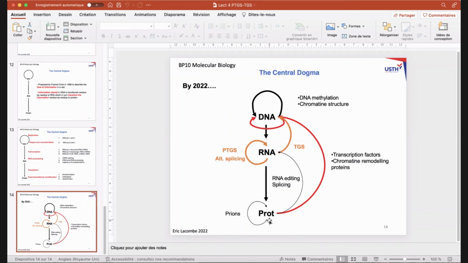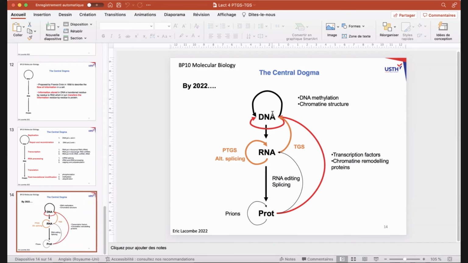You can check, there are some summaries on the internet, but technically it's a protein. If it changes conformation, it will affect the conformation of the other normally folded proteins. And so it's a self-amplifying phenomenon that gives rise to disease.